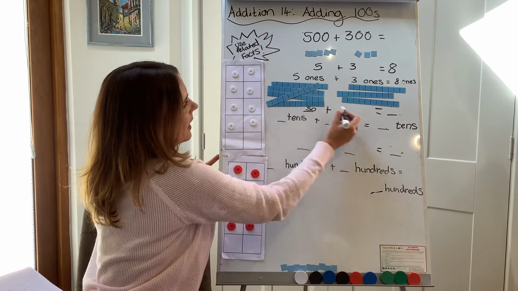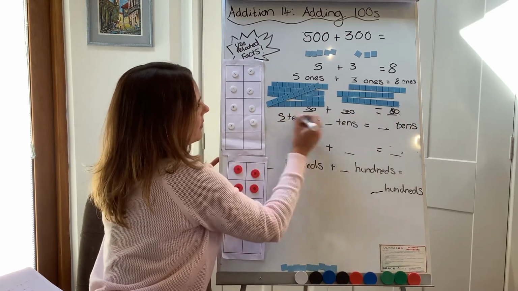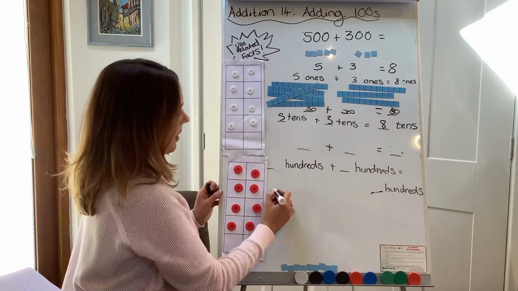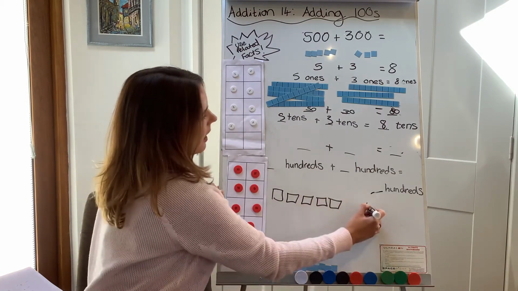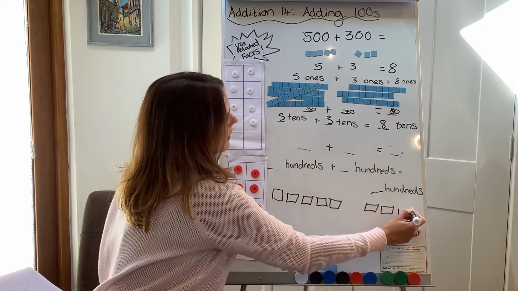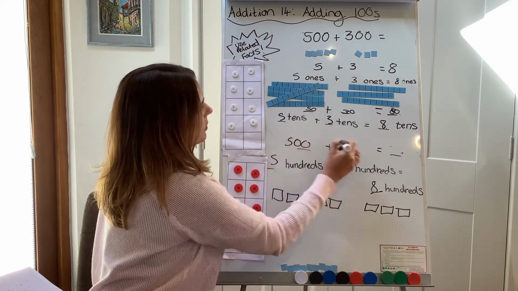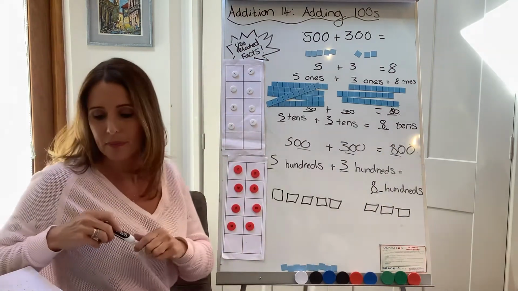So 50 and 30 is equal to 80. So 5 tens and 3 tens is equal to 8 tens. And then we can have 5 hundreds and 3 hundreds are equal to 8 hundreds. So 500 and 300 is equal to 800.